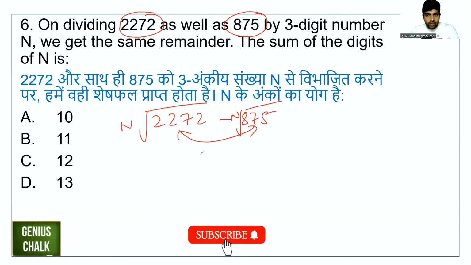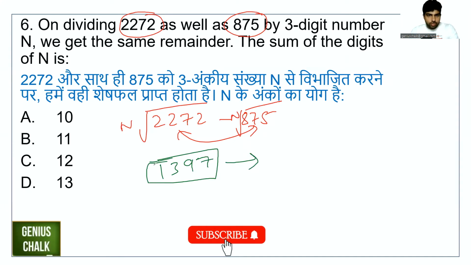So if you subtract it, you'll be having 1397. Now this is what you have. Now this number is divisible by what? That we need to check, right?